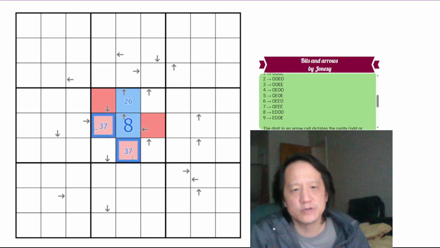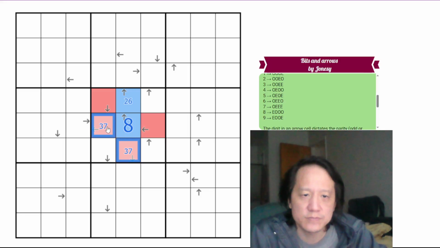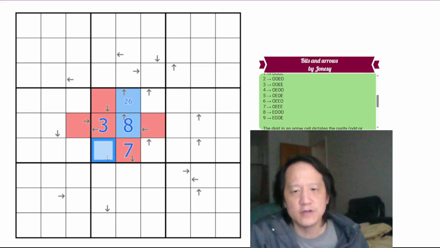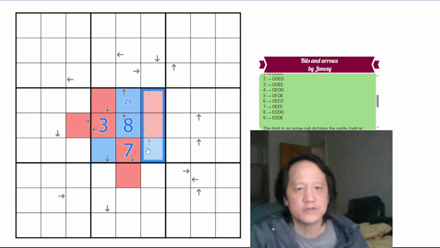So this is 3 or 7. This cannot be 7, because if it's 7, that would be odd, even, even, even. So this is 3, this is 7, which makes this odd, odd, even, even. And 7 would be odd, even, even, even. So that leaves this as an odd digit because we have 4 evens in that box.